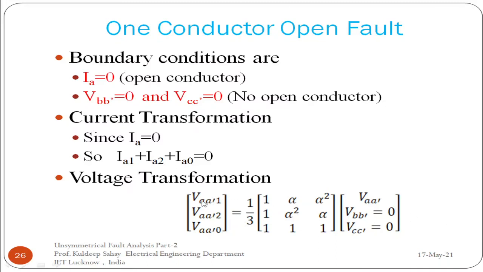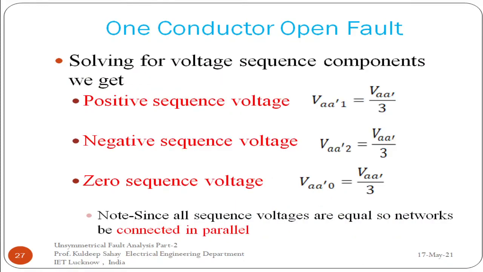For solving the positive sequence voltage for this one conductor open fault, VA dash 1 is equal to VA dash by 3, VA dash 2 is also VA dash by 3, while VA dash 0 is also equal to VA dash by 3. So all the sequence voltages are equal, and that value is VA dash by 3.